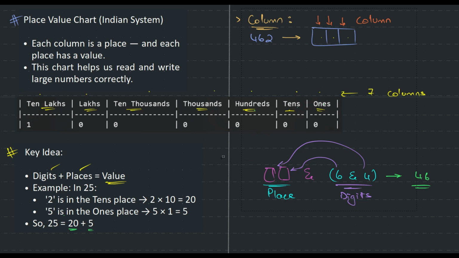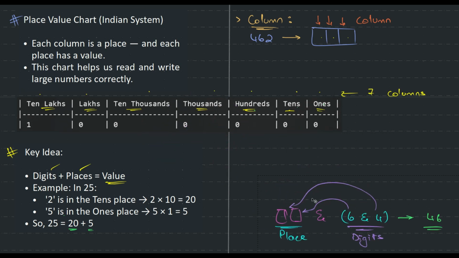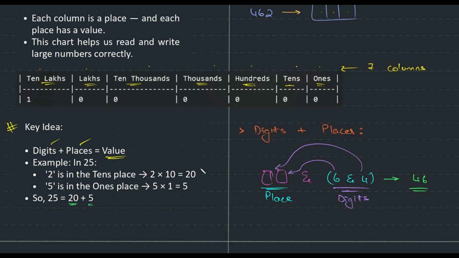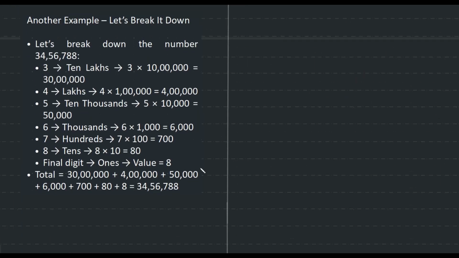And this is the idea of digits plus places combined. Okay, so one big fat example is over here. I'll give a smaller one also. Let's start off with the smaller one.